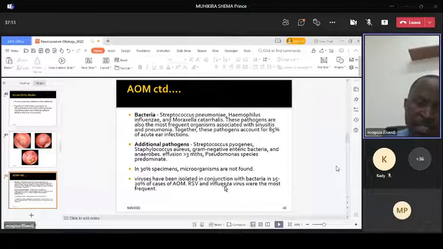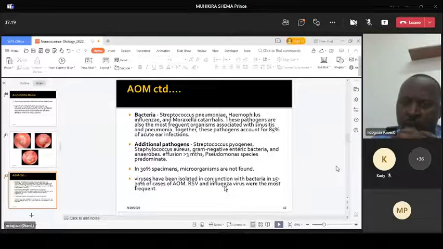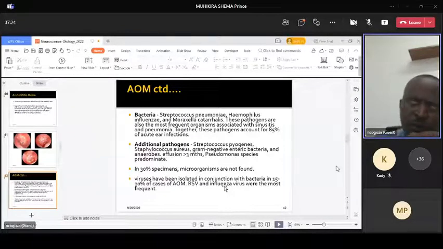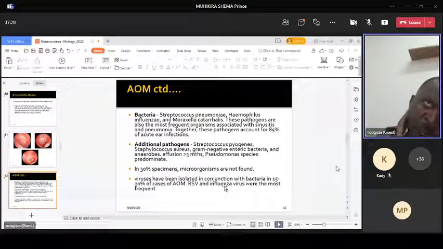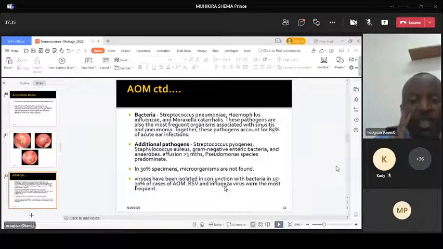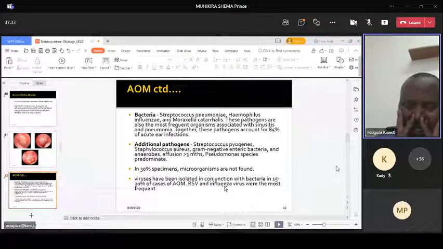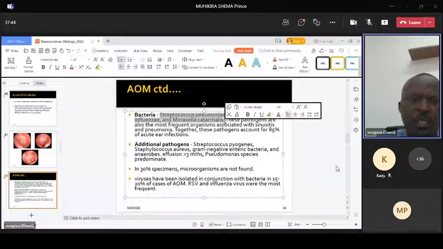So, as I said, the infection may be bacterial or viral. Most of the time for otitis externa, the pathogens are Staphylococcus aureus and Pseudomonas. But in the middle ear, the bacteria are mostly Streptococcus pneumoniae, Haemophilus influenzae, and Moraxella catarrhalis.